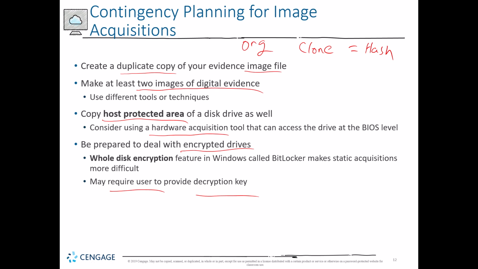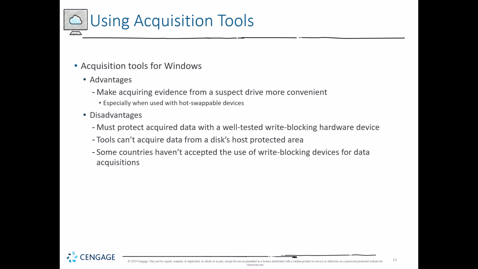Alright, so now that we have a basic understanding of how acquisitions and how they can be stored, let's look at tools. There are Windows tools, Linux tools, and Mac tools. It really all depends on your environment. Windows tools might be things like FTK Imager.